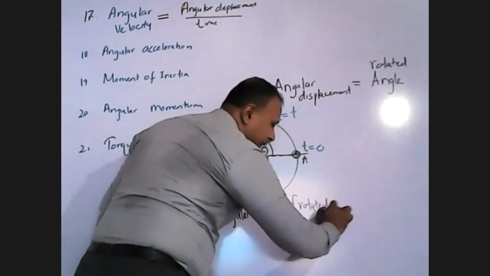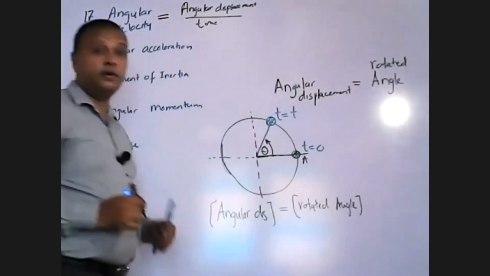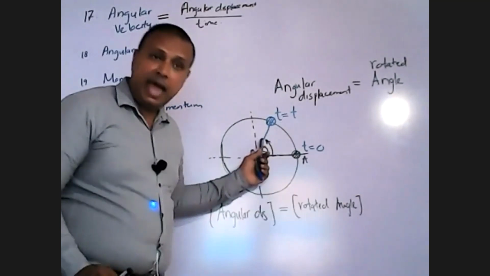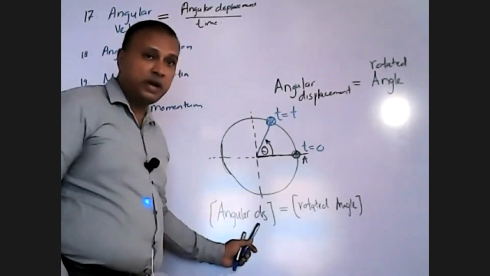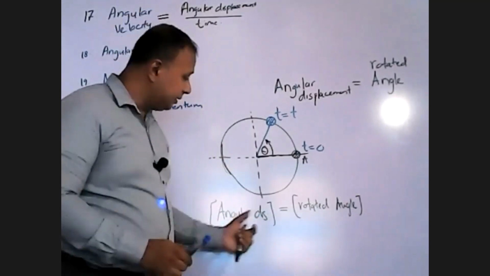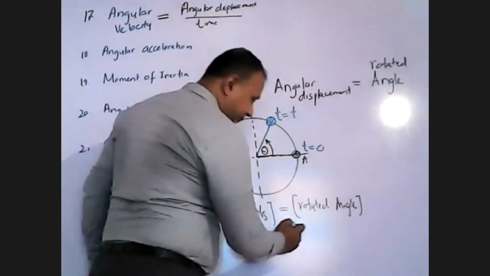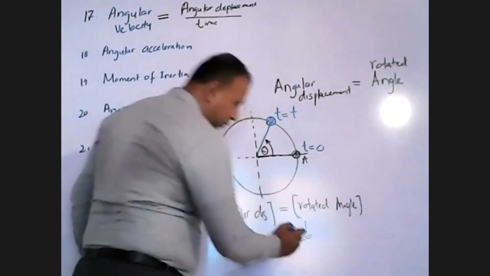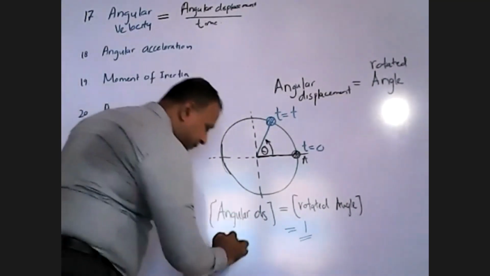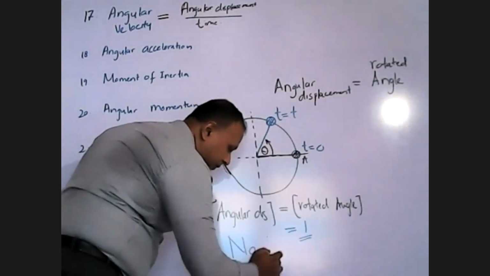Rotated angle is an angle, no? It is an angle. So angular displacement does not have a dimension, or otherwise the dimension of angular displacement is equal to 1. We can simply say angular displacement does not have a dimension, no dimension.